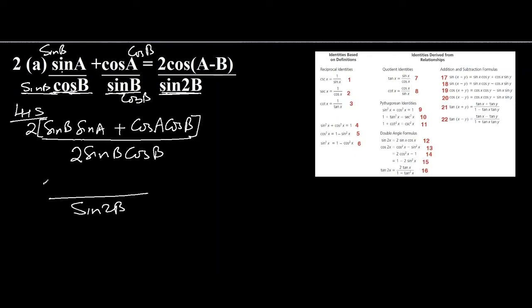2 is 2. And now look at this, sine B sine A plus cos A cos B. Look at number 20. Cos (x minus y) is cos x cos y plus sin x sin y. It is exactly similar to this, only the order of the expressions is different. Here it is sin B sin A. Because they are multiplying, we can write it sin A sin B, commutative property, right?